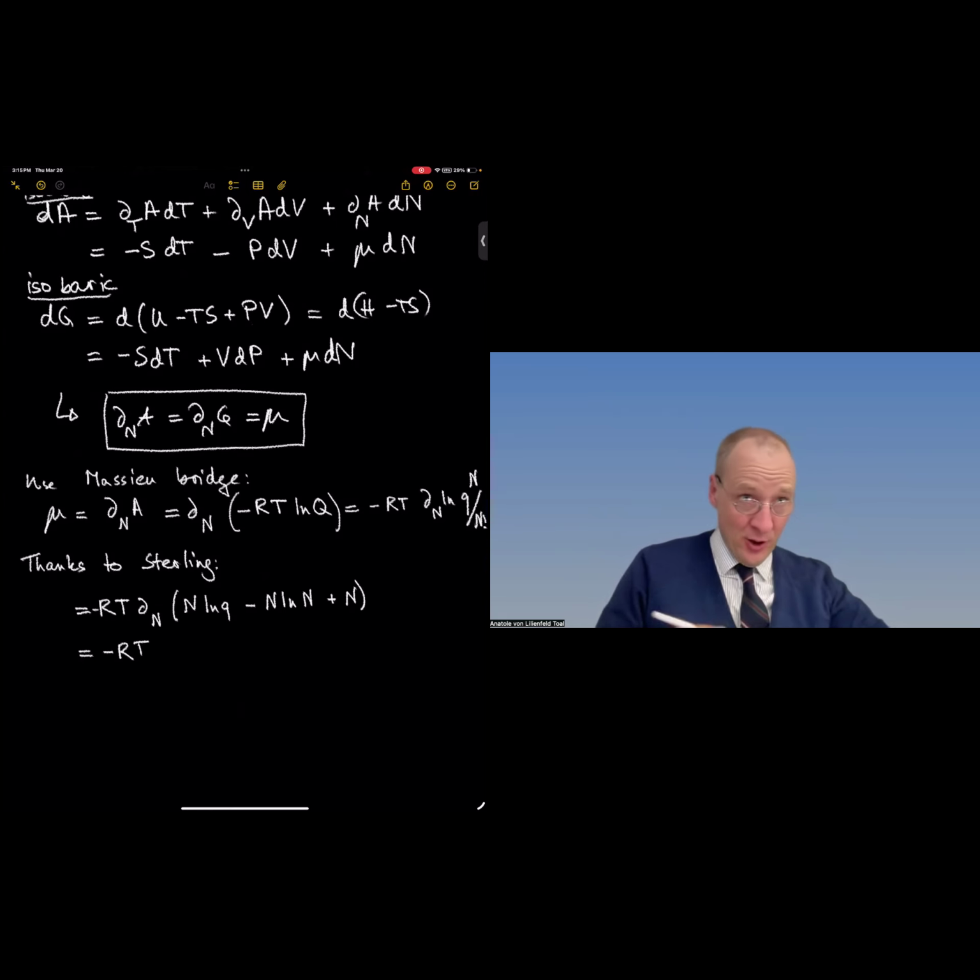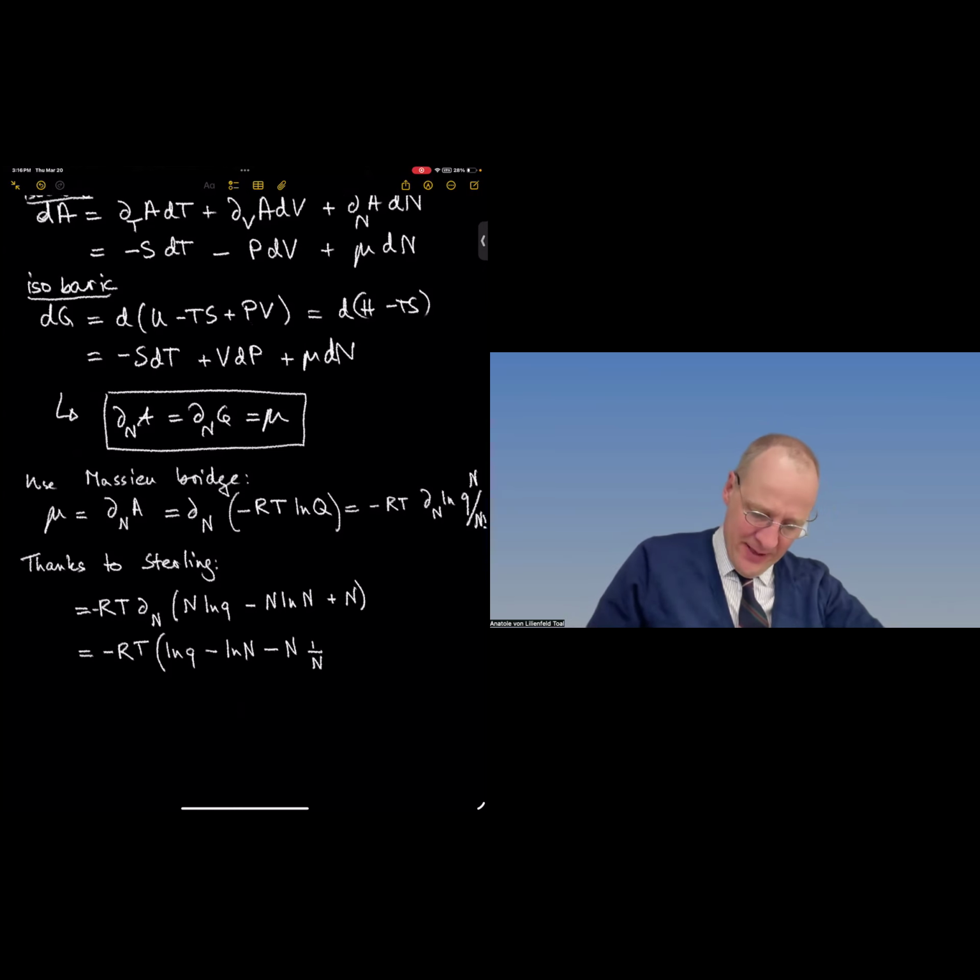and then n log q, right? The q doesn't depend on n, so we only have logarithm q left for that. Then we have n log n. When we differentiate, we have to use the product rule. So once I have logarithm n, minus n times the derivative of the logarithm n, which is 1 over n.